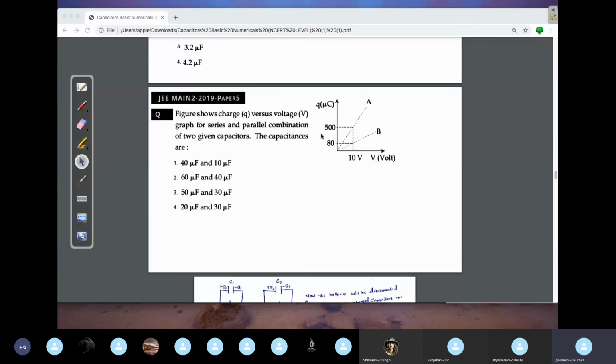The figure shows charge Q versus voltage for series and parallel combinations, but they have not told you which is series and which is parallel. For the two capacitors, they're asking what are the values of those two capacitances.